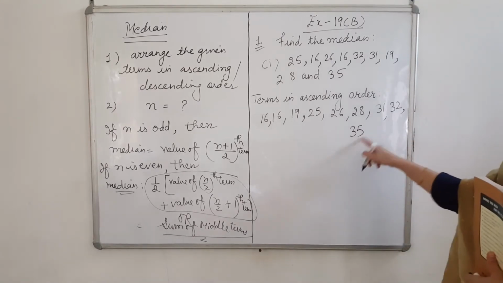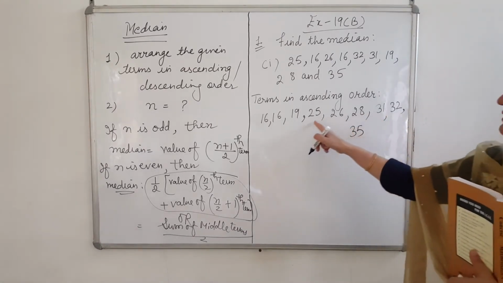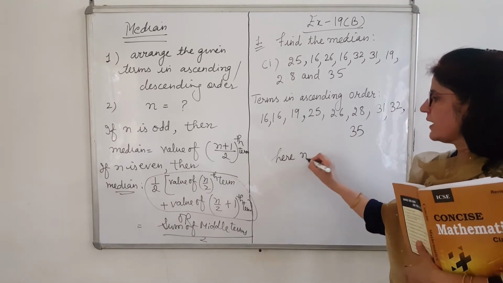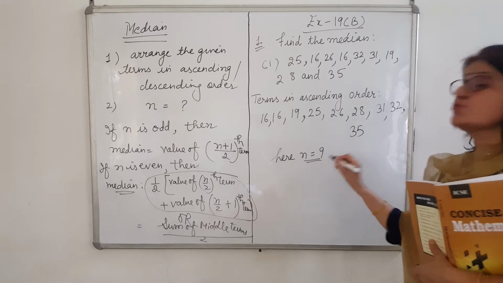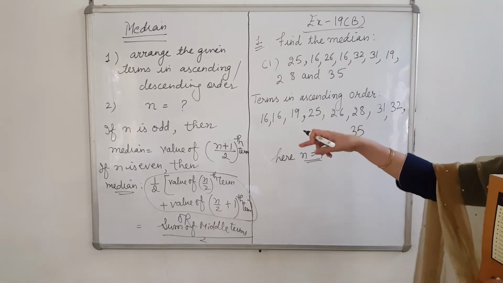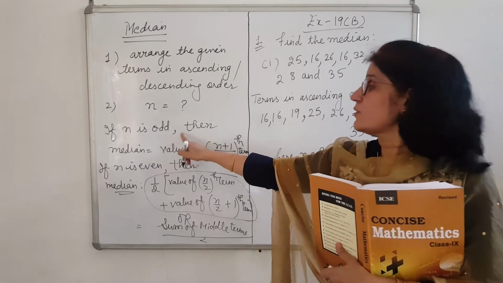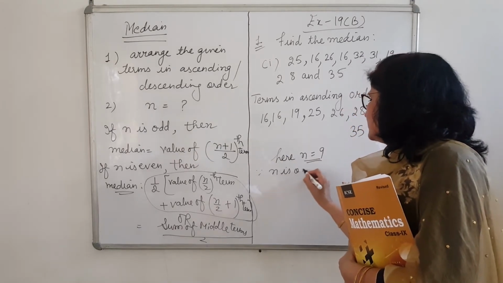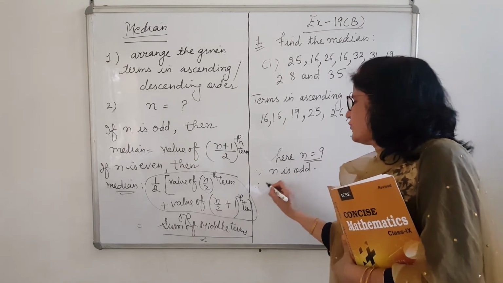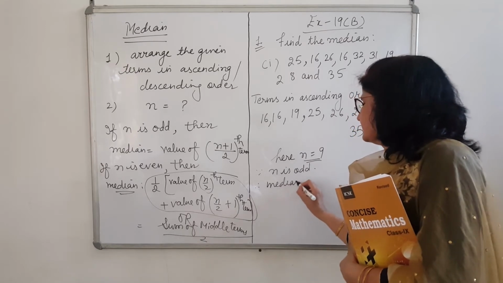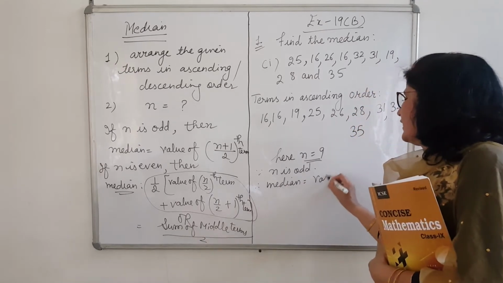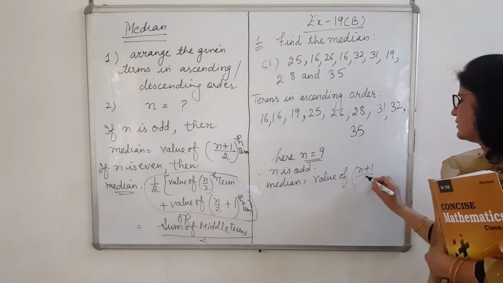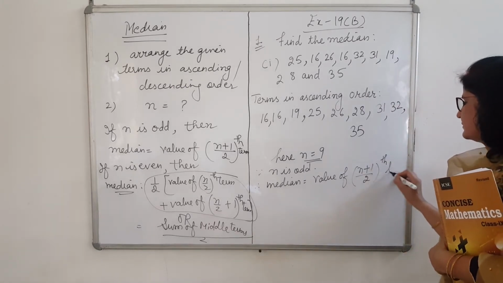Now count them. What is n? 1, 2, 3, 4, 5, 6, 7, 8, 9. Here n is 9. So which formula will we follow? We will go with this one because n is odd. Therefore median is value of (n plus 1) over 2th term.